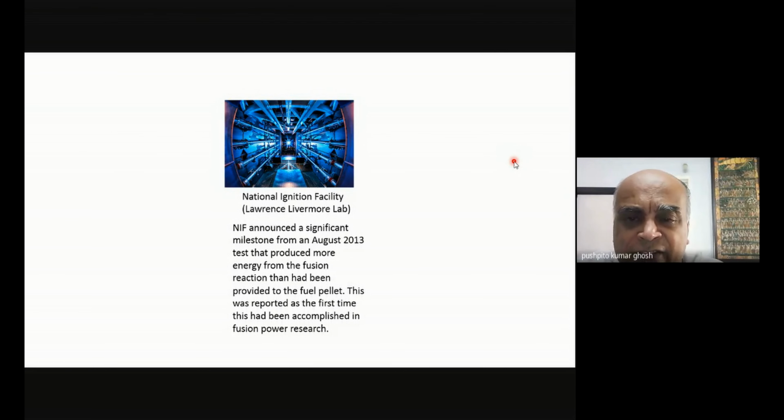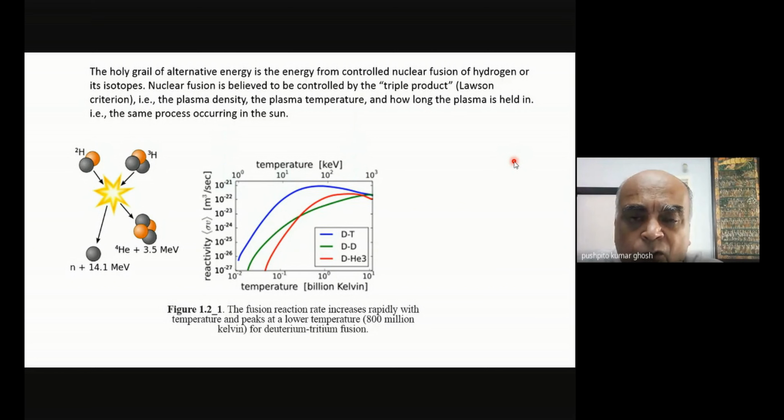Now, there are two ways in which they are looking at it. One is this plasma I told you about. What I have to do is squeeze it at a very high density, and I require a temperature of 100 million degrees. There is no known material, not ceramic or steel, which will not vaporize. There's no material which can hold a plasma.